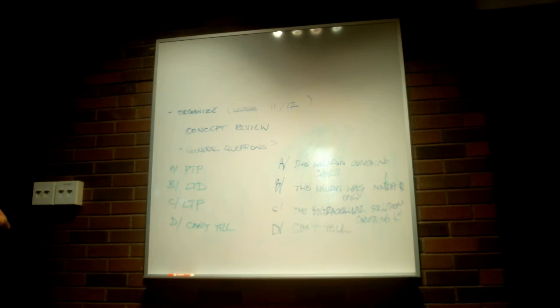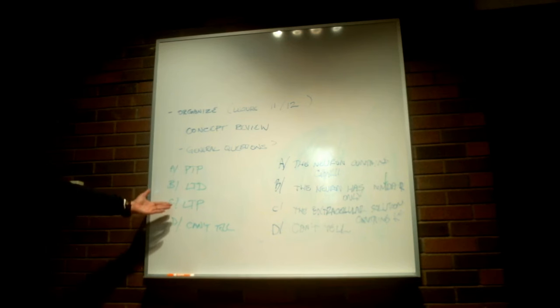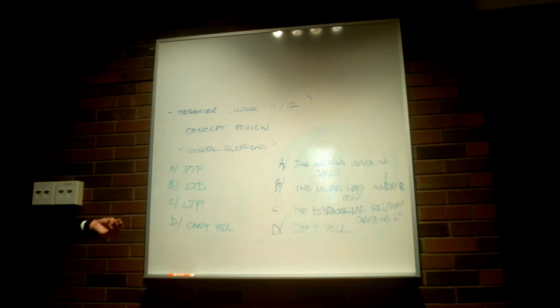LTP and phosphatases are kind of correlated with each other, so keep those general ideas and principles in mind. Any questions? Those are not the trickiest type of questions. You'll get slightly harder ones on the final, where you'll have to apply your knowledge, but as long as you know it, you'll be okay. Did you say LTD? Yeah. Not LTP. That would be more kinase related, or inhibiting a phosphatase might trigger LTP.